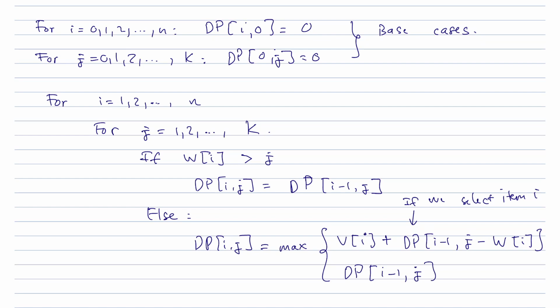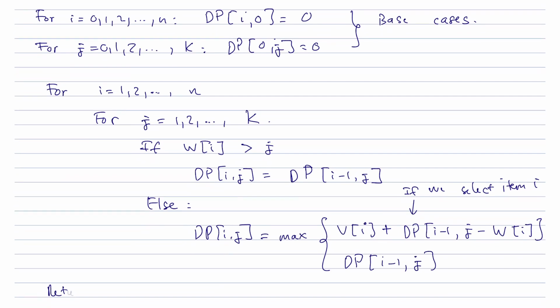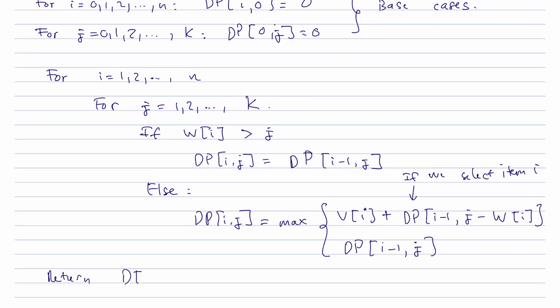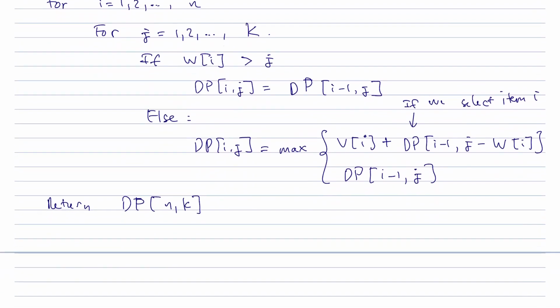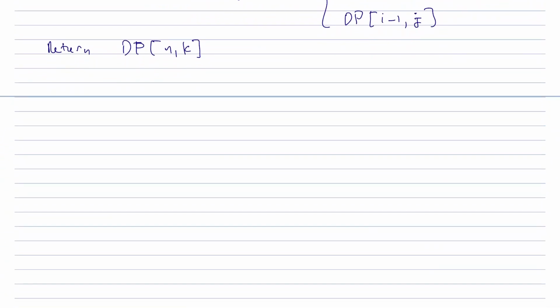So the optimal solution either selects item i or it doesn't, right? So we simply take the maximum between the two, and that's it, right? So at the end we just return dp[n][k] and we are done. Alright, so that's the first problem.